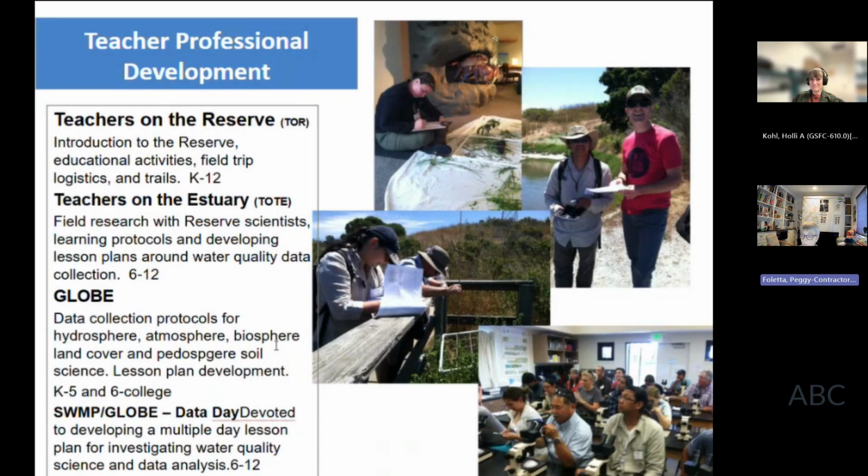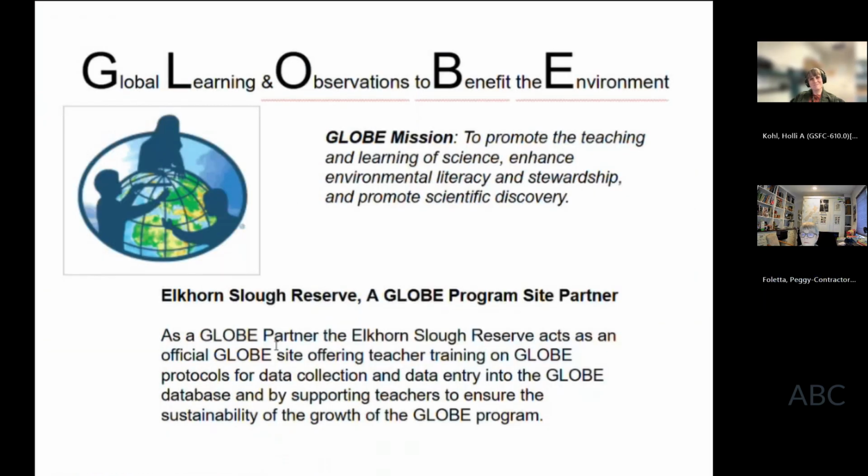And then we have Globe, which is even much wider. But for local investigations, it's nice to use our data as well. So we are a Globe site, and we have been since 2016.